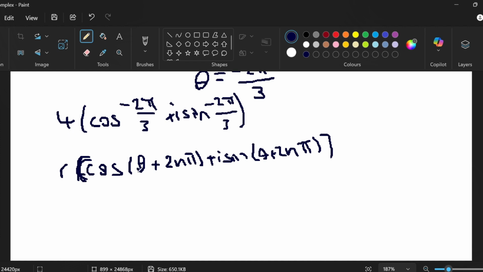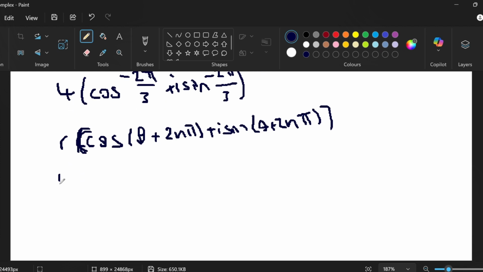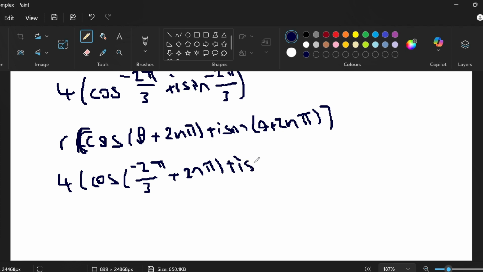And then if I sub all these values in here, the general polar form for this number is going to be 4 times cos minus 2 pi over 3 plus 2n pi plus i sine minus 2 pi over 3 plus 2n pi.